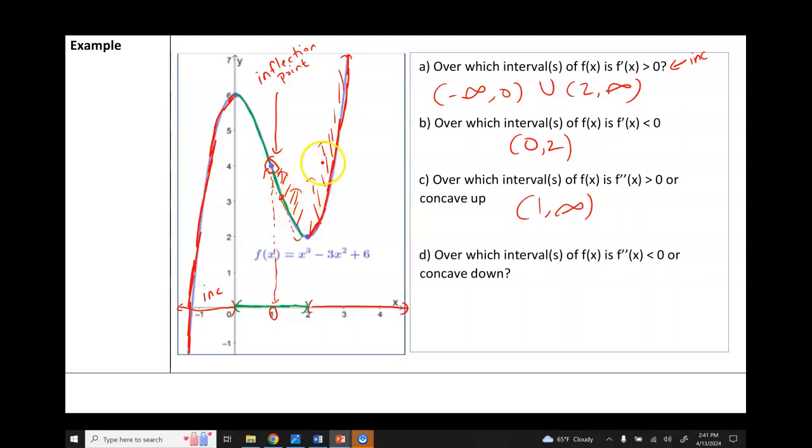Notice that all these arrows are facing up. And then from negative infinity to 1, it's going to be concave down because all these are facing down. So look for the right side up U and look for the upside down U. And then where that changes is going to be the inflection point or the point of inflection.